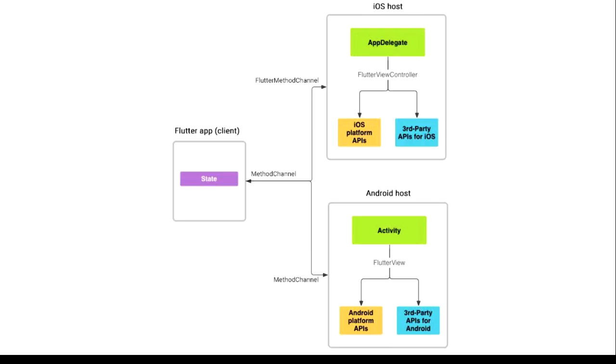In those parts of the project, you can put your native function, and when your application is running on the phone, there will be a channel open between these two parts of the application. When your Flutter app calls that function using the channel, it will talk to the right platform methods. If you are running on an Android phone, it will talk to the native Android function you developed, and it will use the real API on the phone, of the Android platform API, or other third-party API, for example.